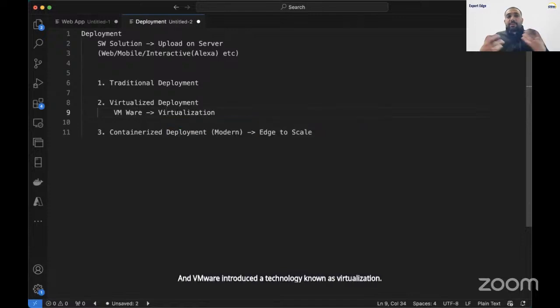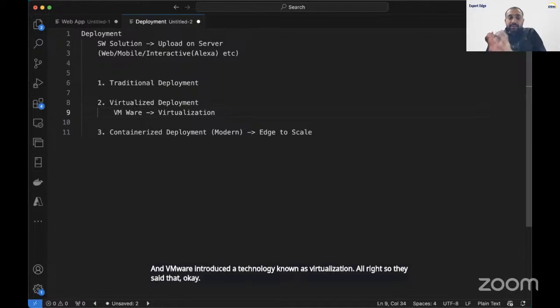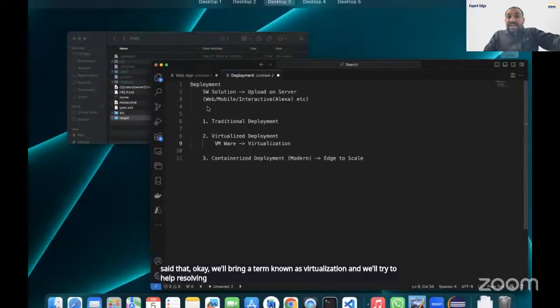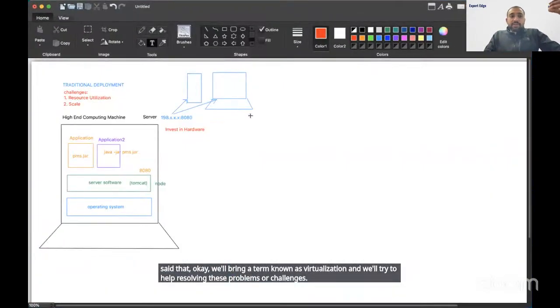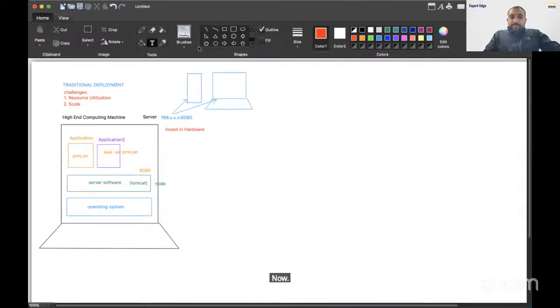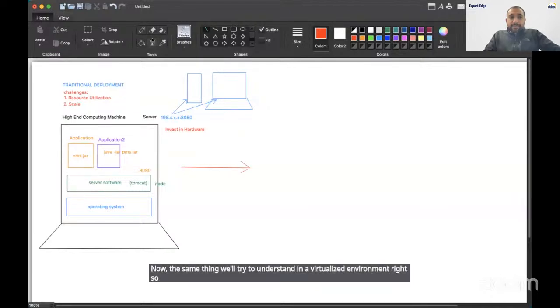They said, okay, we'll bring a term known as virtualization and we'll try to help resolve these problems or challenges. Now, the same thing we'll try to understand in a virtualized environment, right? From the first step, the traditional environment, now we are moving to the second step, which is our virtualized environment.